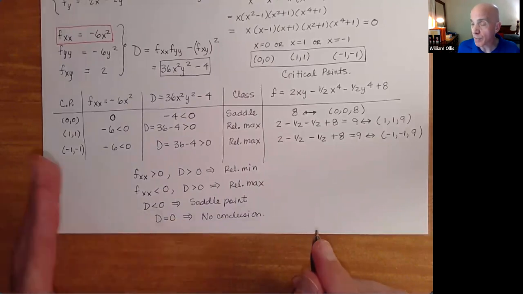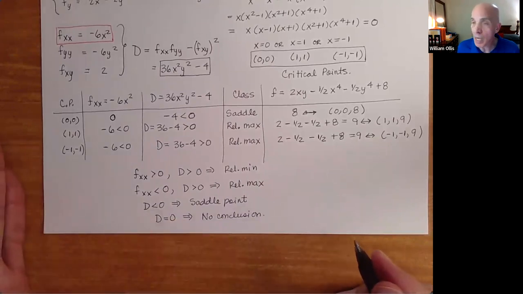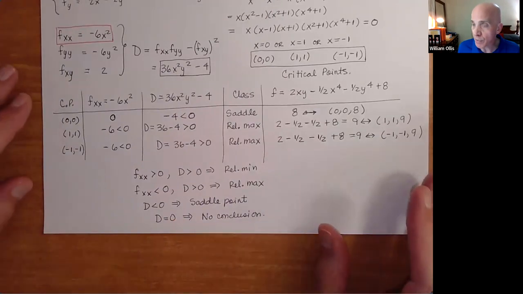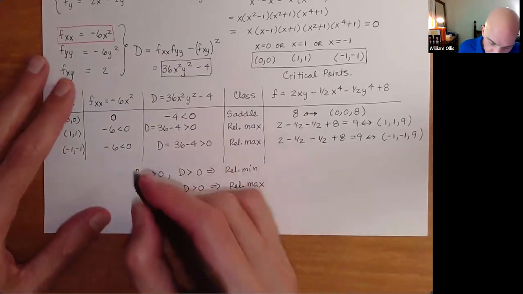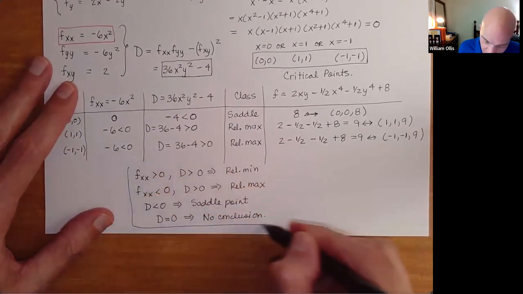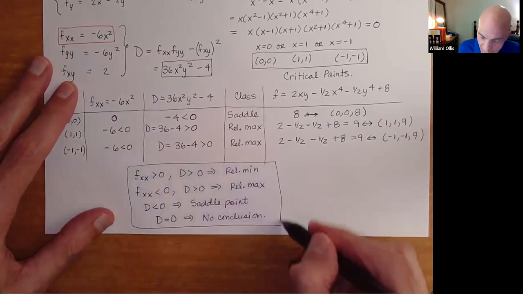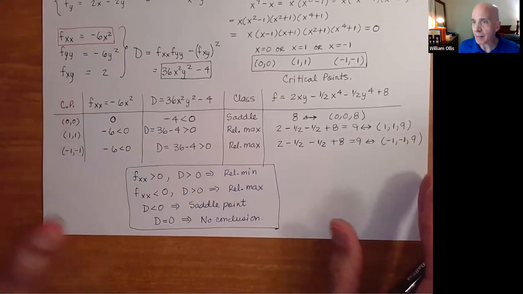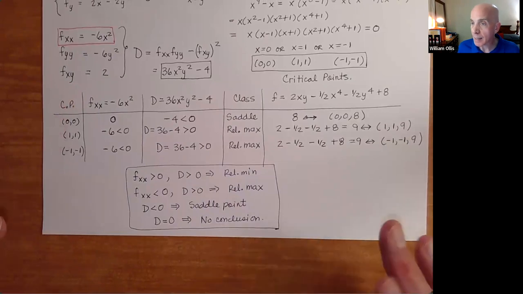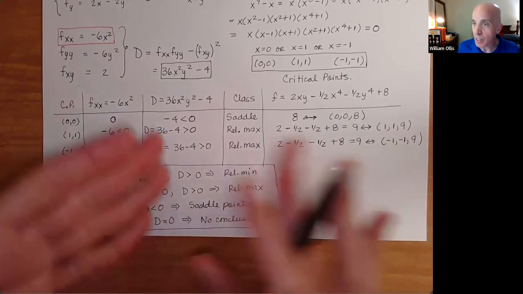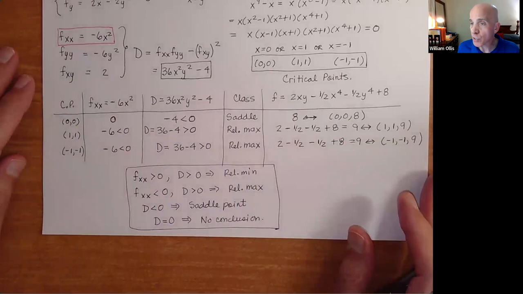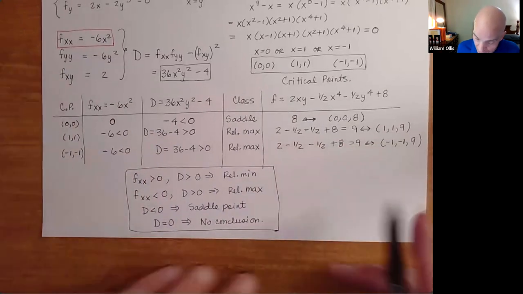When the second derivative is 0, there is no conclusion. So you go back to the first derivative test. So what I'm trying to point out here, just in terms of a summary, is that the test is exactly what you did in Calculus 1 with just the adjustments for the function of two variables. And we are done.